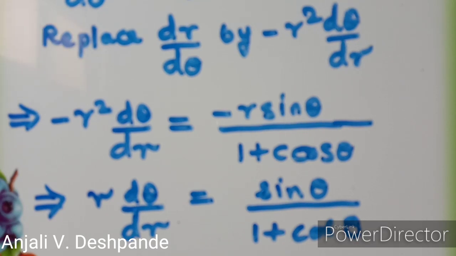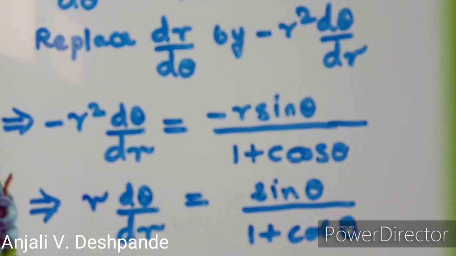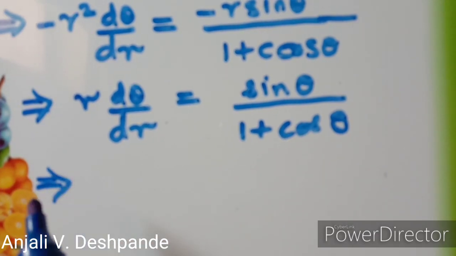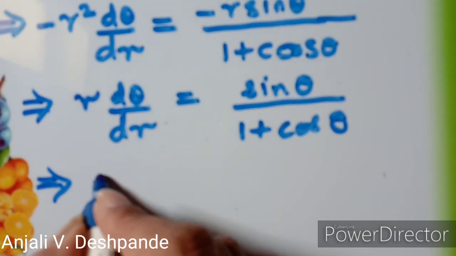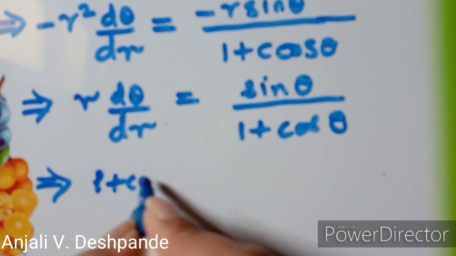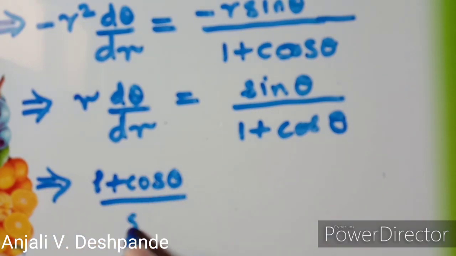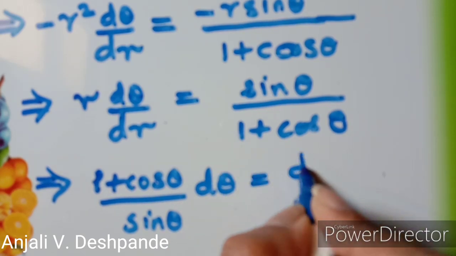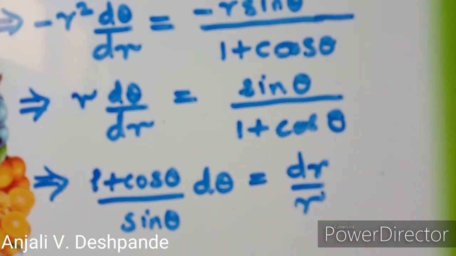Now this differential equation is quite easy to solve. This will be 1 plus cos theta divided by sine theta d theta is equal to dr by r.